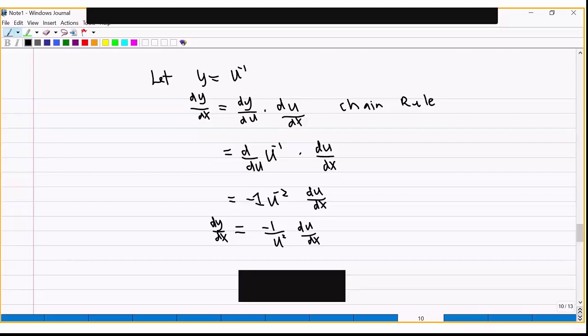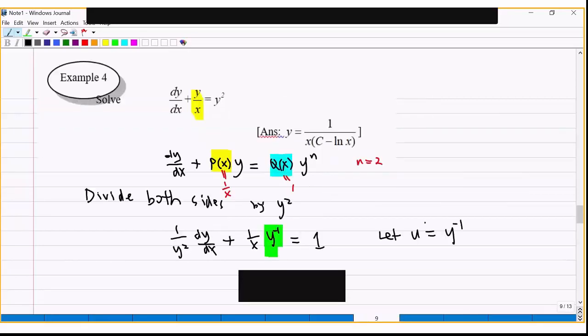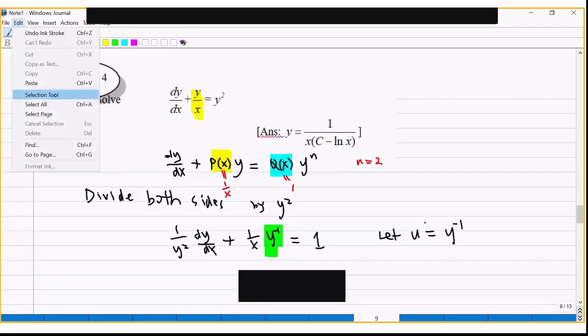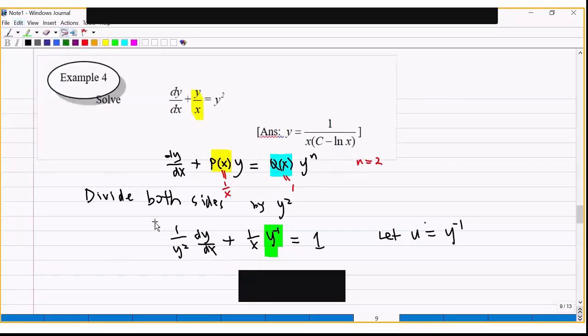Then go back to the earlier equation. So this is what I have from the earlier equation, the standard equation.